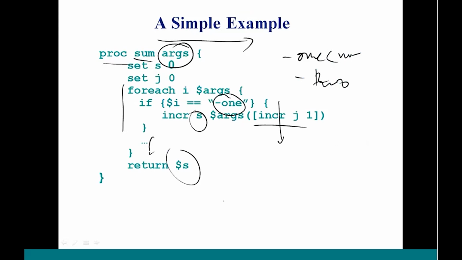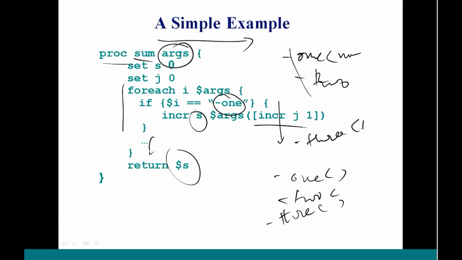Once you have that and you return, you don't have to specify in a fixed order. If you have, say, 3 numbers, you can specify -1 and the first number, -2 second number, -3 third number. That is one way, or you can just say -3 the first number, -2 second number, and then -1 the third number.